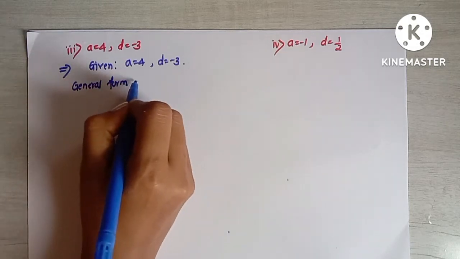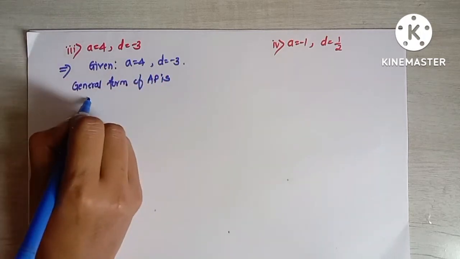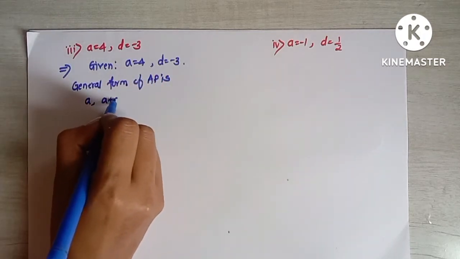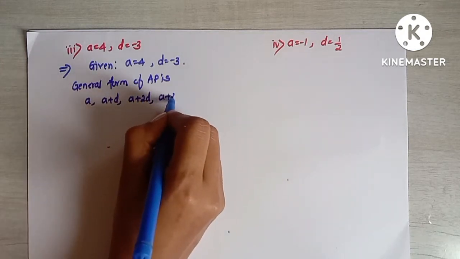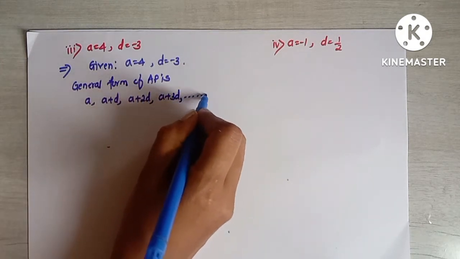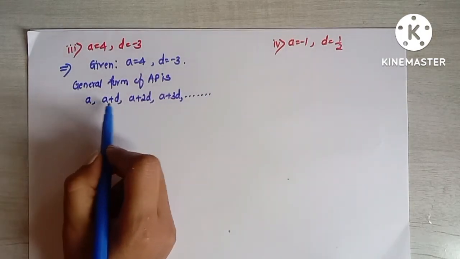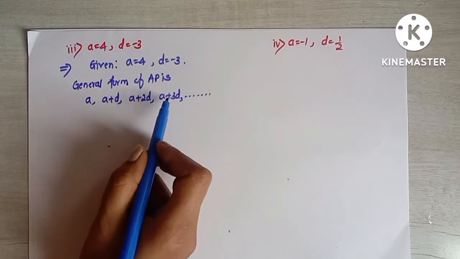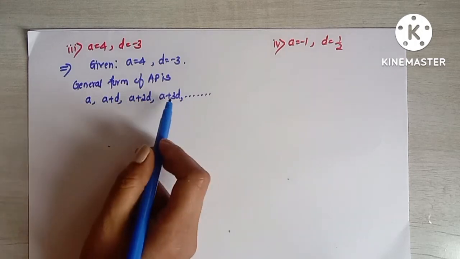It is A, A plus D, A plus 2D, A plus 3D, A plus 4D and so on. So here it is the first term, second term, third term and it is fourth term. So we have to calculate these terms.